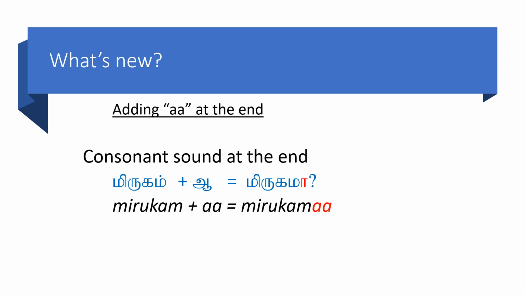If the last sound is a consonant sound, we just add "a" to that consonant. For example, mirham ends with a consonant. Plus "a" becomes "ma". So mirham becomes mirhama.